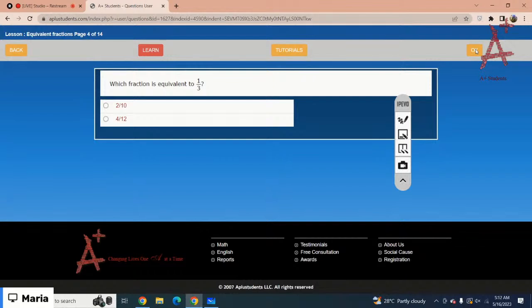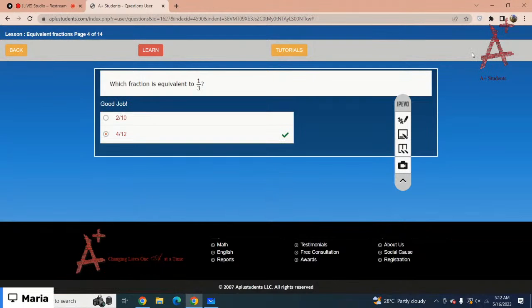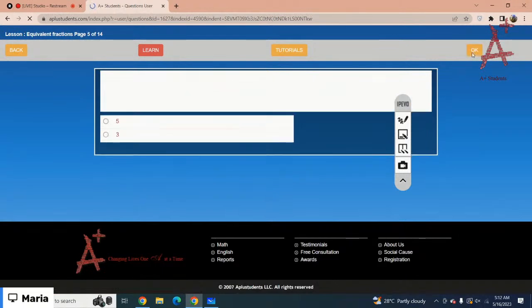It would be 4 over 12. Yes, very good. 4 over 12 is equivalent to 1 over 3. Basically, when you convert 4 by 12 into simplest form, it equals 1 by 3. That's how they both are exactly equal.